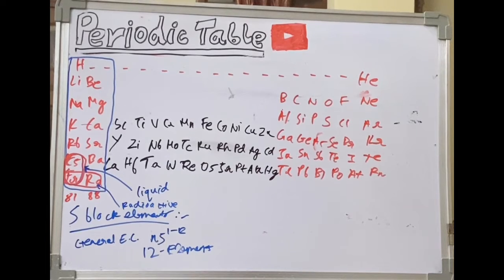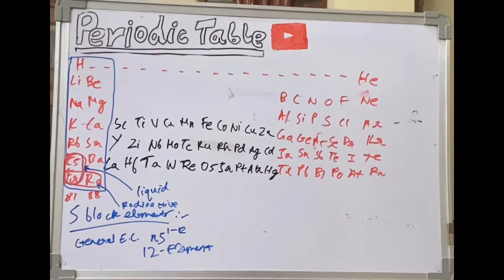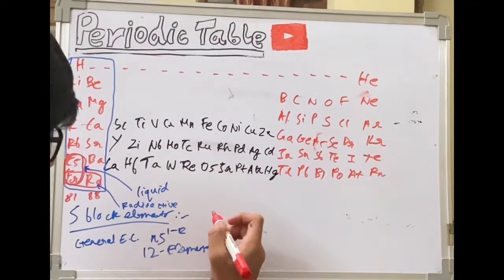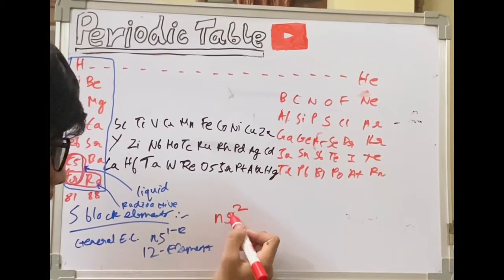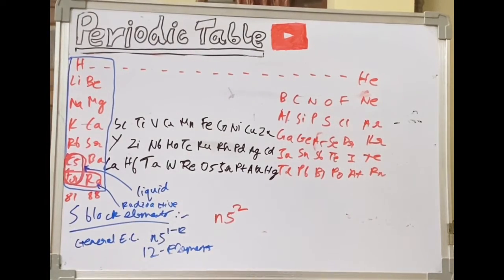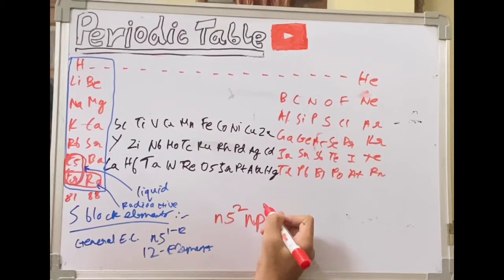Now we come to the P block elements. P block elements are the elements which have their valence electrons in their p orbital. So they generally have an electronic configuration in the pattern ns2, which means the s orbital is already filled, and that makes sense, right? Because they'll have to fill the s orbital first, so that the electrons enter the p orbital, and then there is np1 to 6.